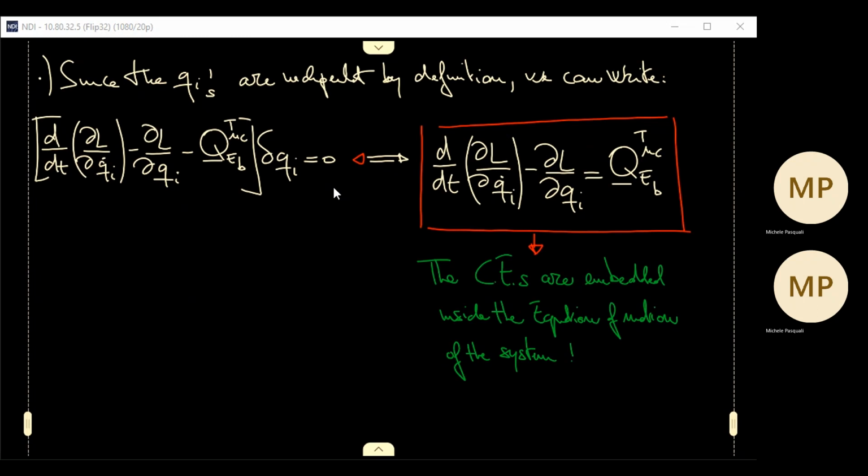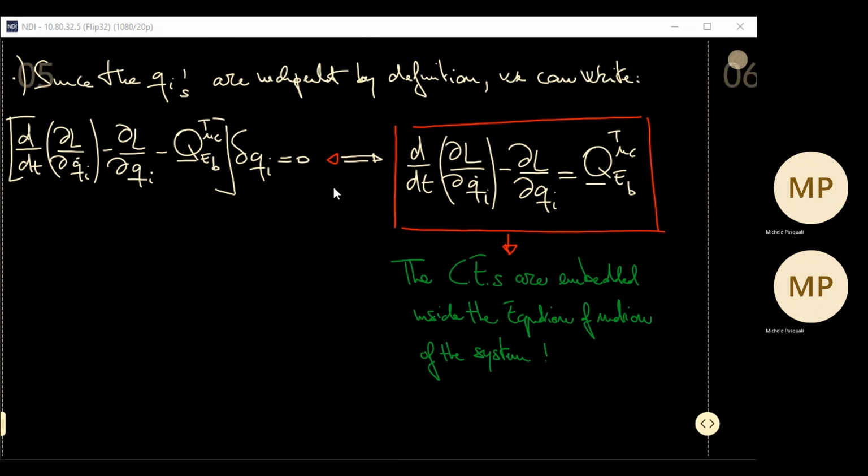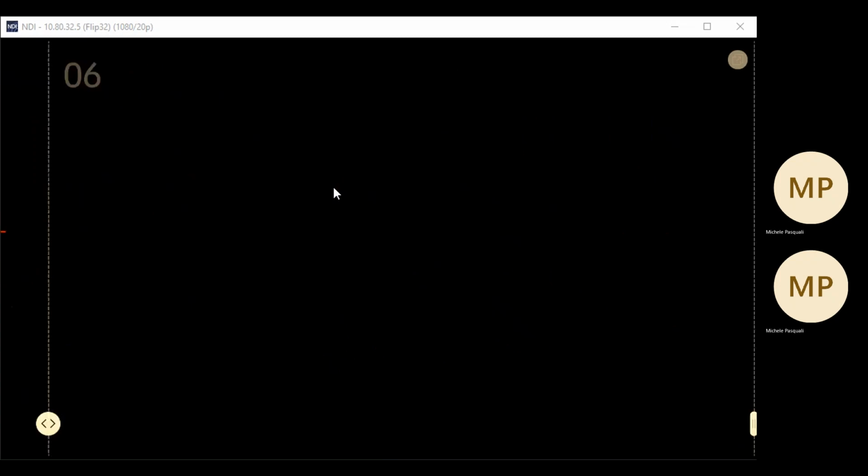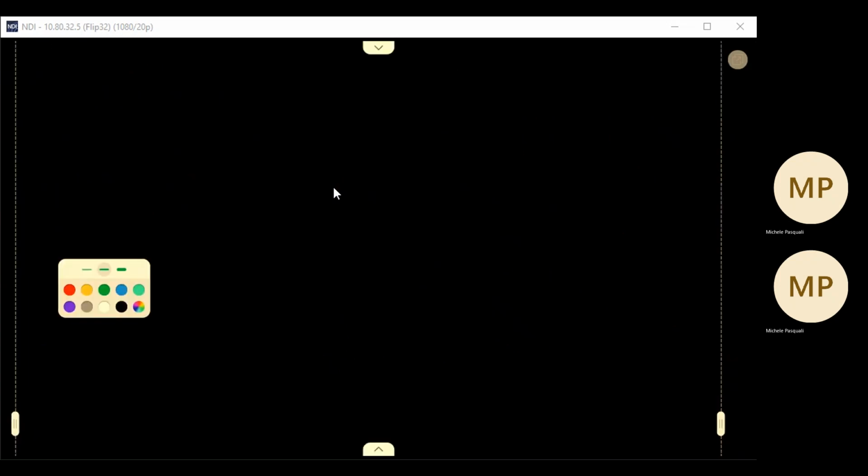Okay, and this was 0, basically. So we arrived there via an appropriate choice of the generalized coordinates. But this cannot always be done if the constraints are non-holonomic. And this is why we are going to see now the augmented formulation.